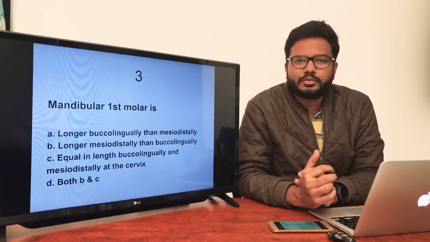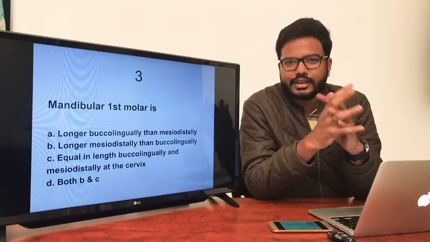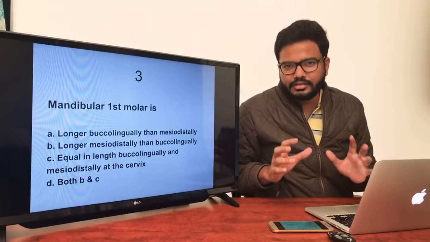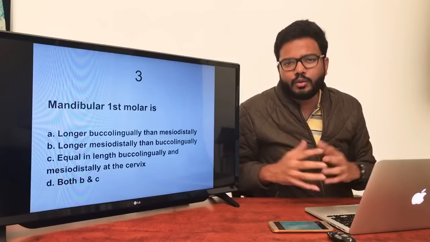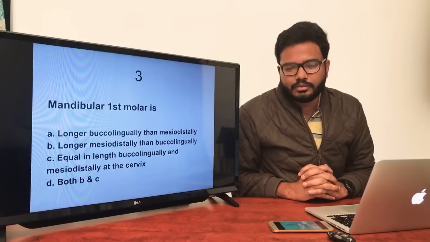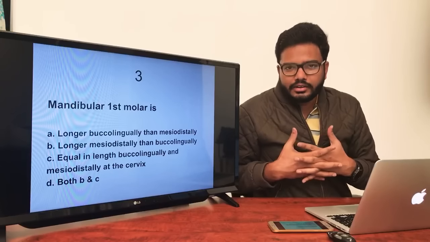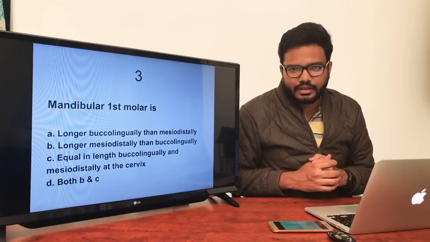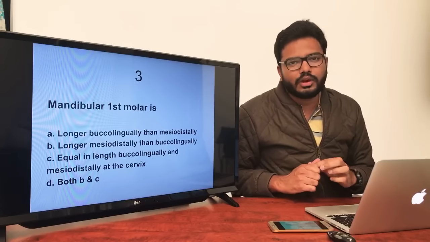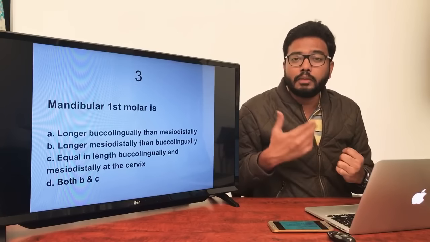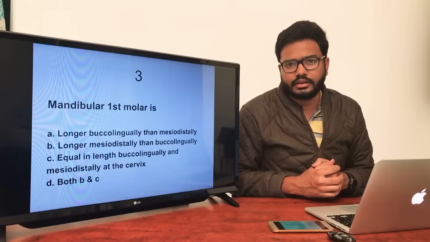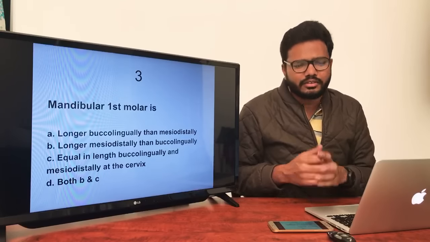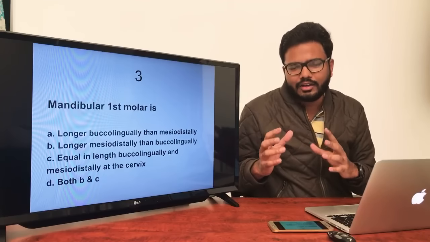As you know, we have these dimensions and unfortunately we have to memorize them. The basic concept is that mandibular permanent molars are comparatively longer mesodistally than buccolingually, isn't it? But in case of upper molars, they are comparatively longer buccolingually than mesodistally. I'm sure you're aware of this fact, and also based on your clinical examination, you might have this information with you.